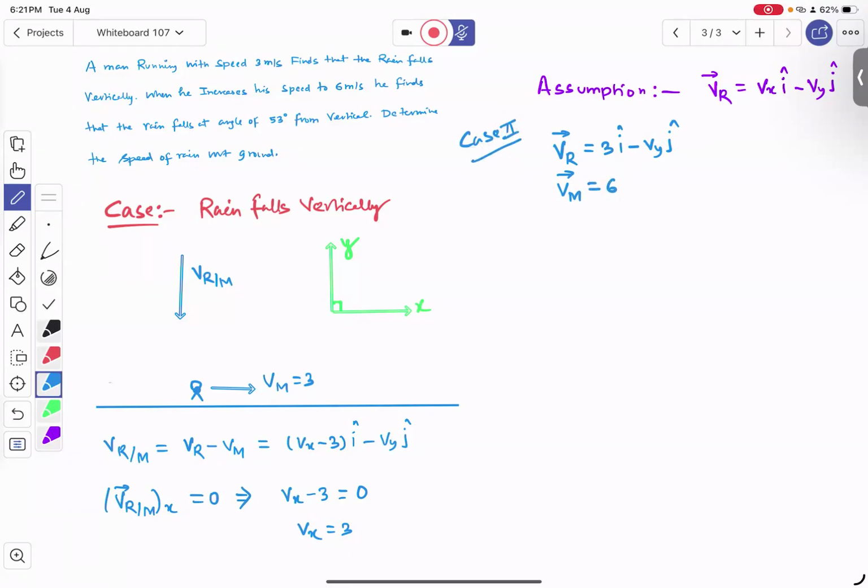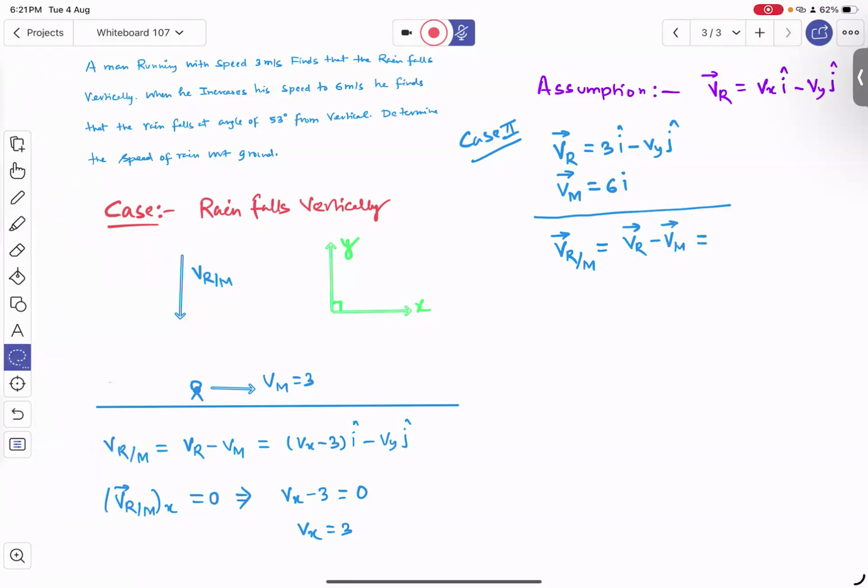He moves in the same direction, but with double the earlier speed, so the velocity of the man is now 6 I cap. Now the velocity of the rain with respect to the man will be VR minus VM, and if I do VR minus VM, what we get is 3 I cap minus 6 I cap.